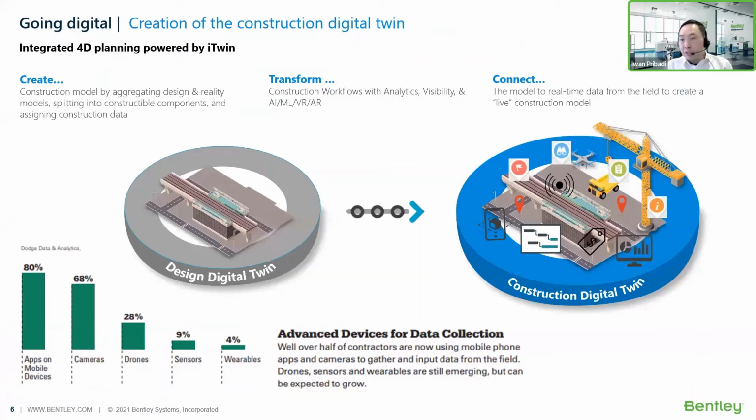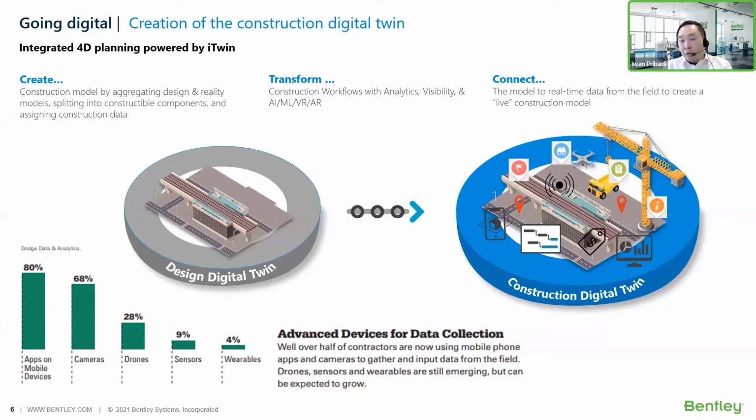So what is digital twin? The key difference between digital twin and what BIM was before is that in digital twin, you are actually creating an evergreen digital project representation. It is no longer a 3D model living in a silo, but you are connecting that model to real-time data.